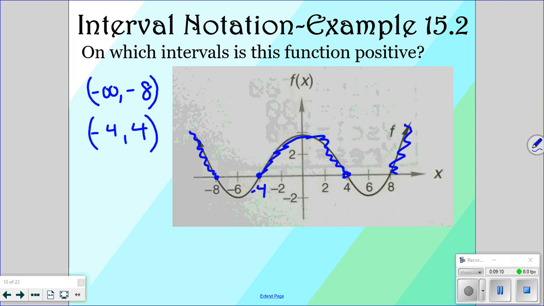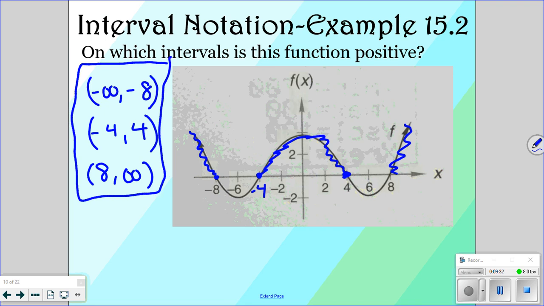It's not positive yet. Once we get just above negative 4 and just below positive 4, it's positive. So for the last one, hopefully you think it is open parentheses, 8, comma, infinity, open parentheses. So those are the intervals where it is positive.